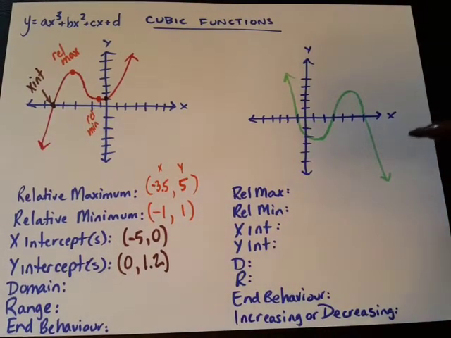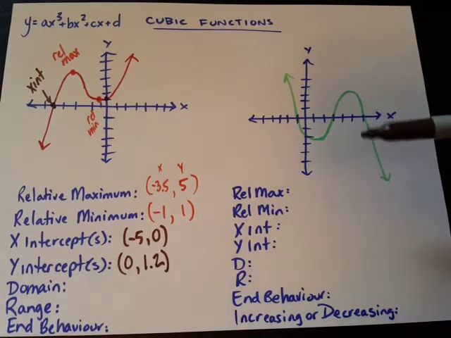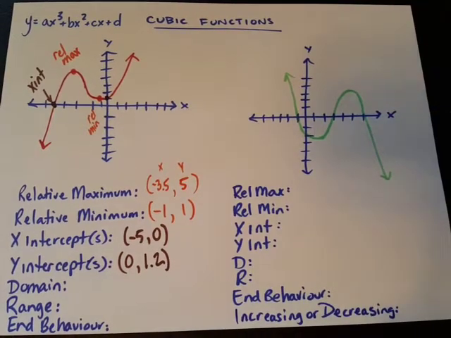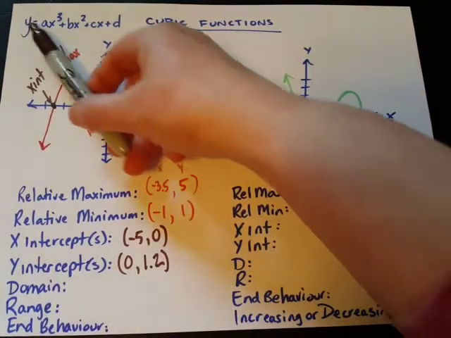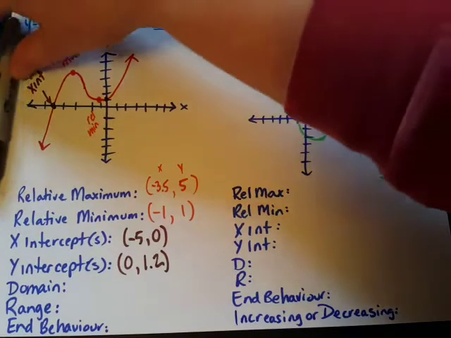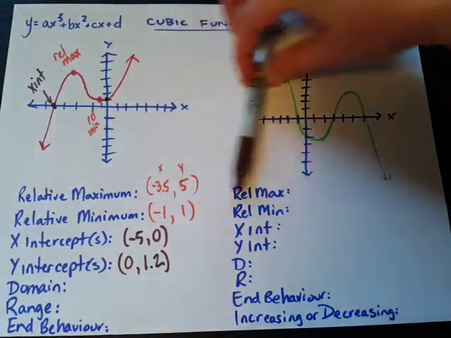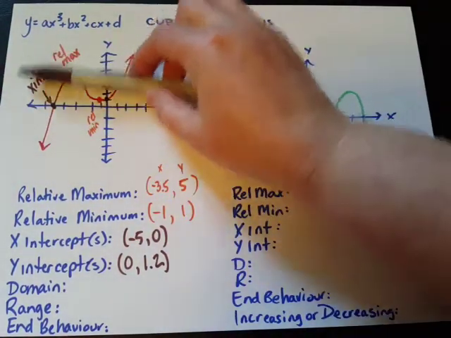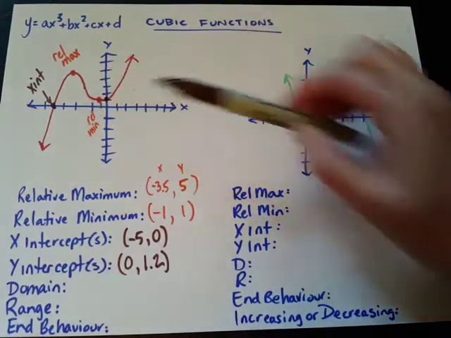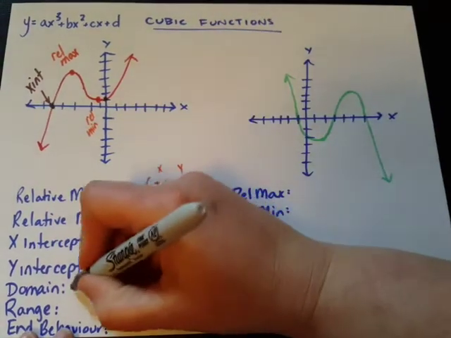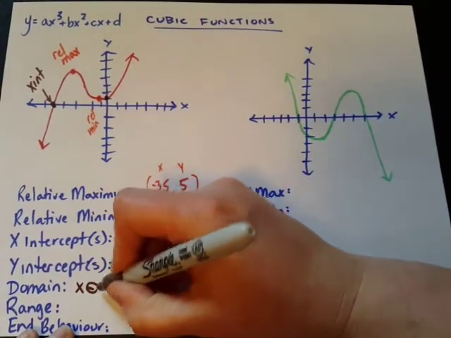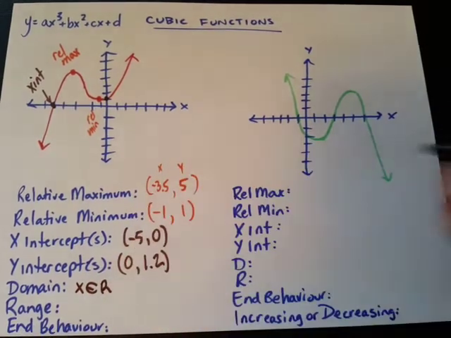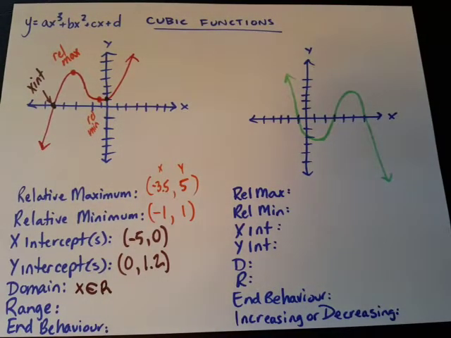For domain in cubic functions, we're looking for what value of x can be put into the function in order to create a number out. And every single value for x on this line is associated with a point somewhere on the function. So x is in the set of all real numbers.